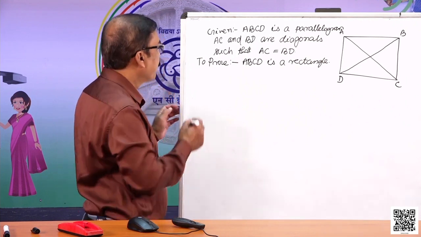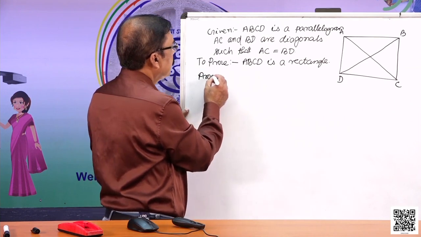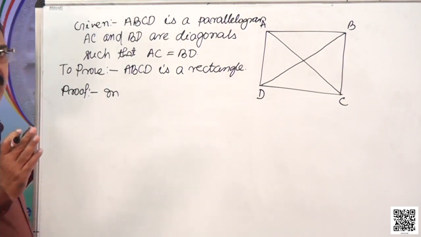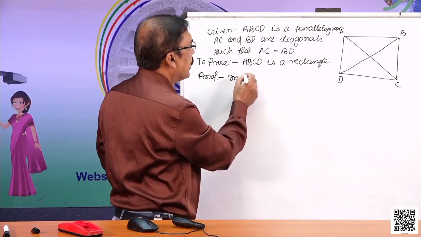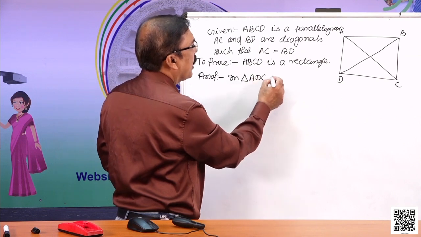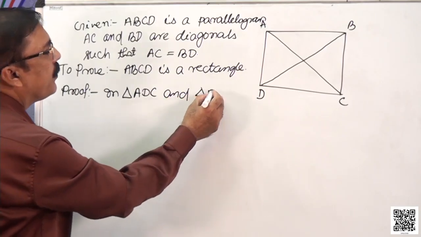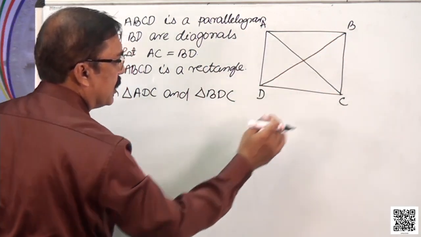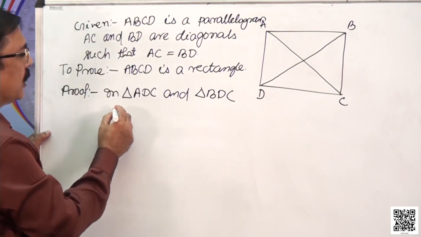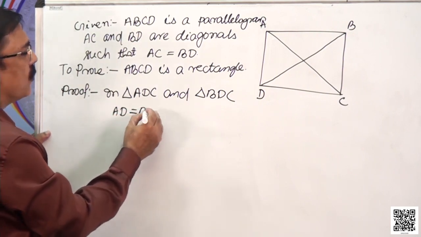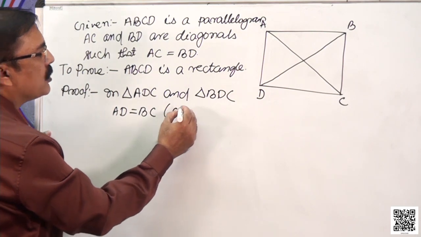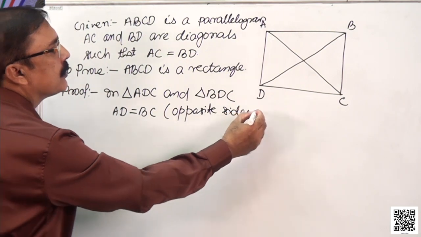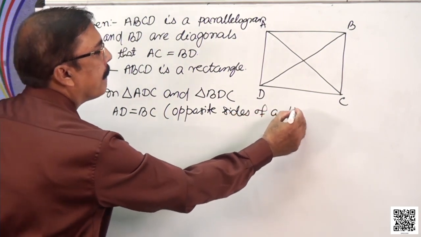So let's see. If we compare two triangles here, that is triangle ADC and triangle BDC, what are equal? You see, AD is equal to BC. Why? Opposite sides of a parallelogram.